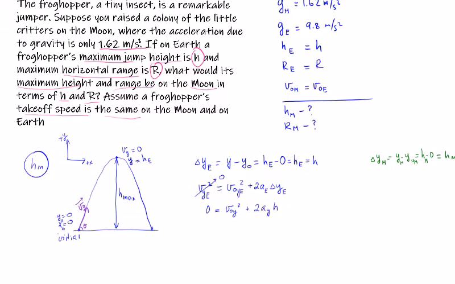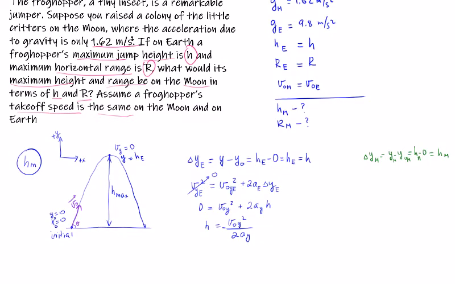So from here, I can solve for h. H equals V naught y squared over 2ay, and let's not forget our negative in here.